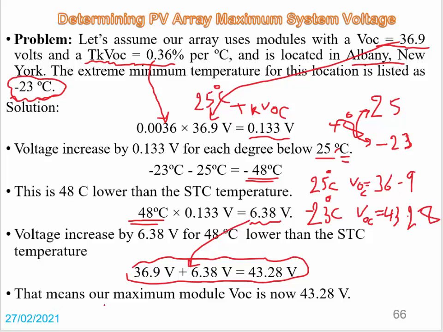So that means our maximum module V open circuit is now 43.28. This is the maximum voltage that each solar panel can produce.